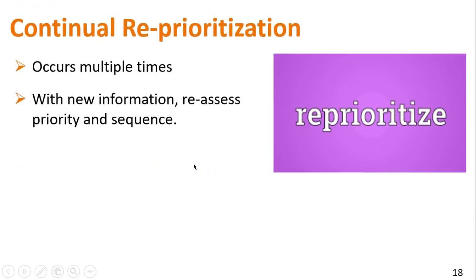Continual reprioritization. This is again saying that the initiative horizon, although it deals at a specific decision-making level for a particular initiative, doesn't go away. It's always there, and if we're prioritizing things as a part of this horizon, as we get additional information, we're going to have to factor that in and reprioritize.